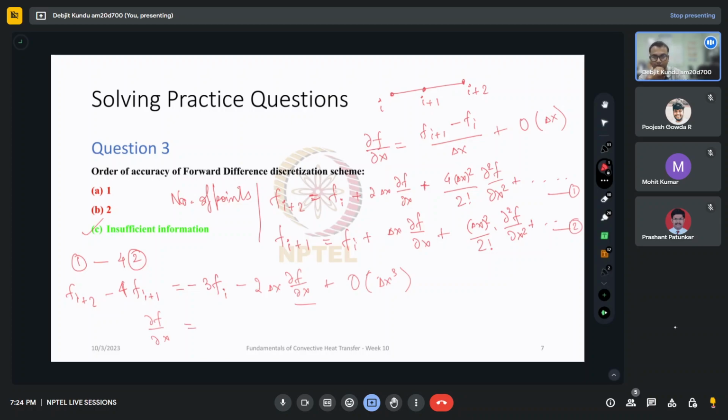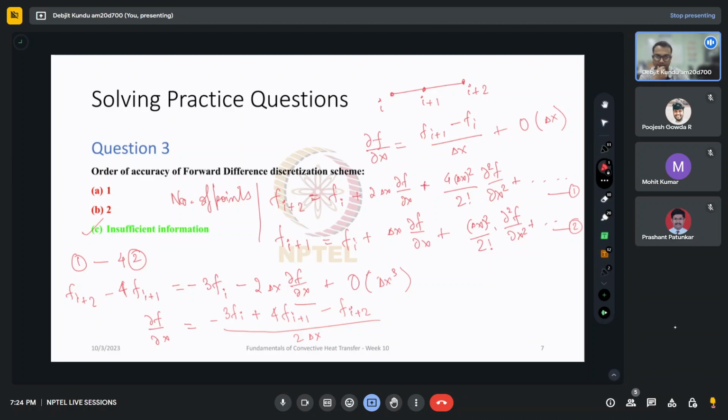Then over here it would be 3 f_i plus 4 f_{i+1} minus f_{i+2}, divided by 2 delta x.